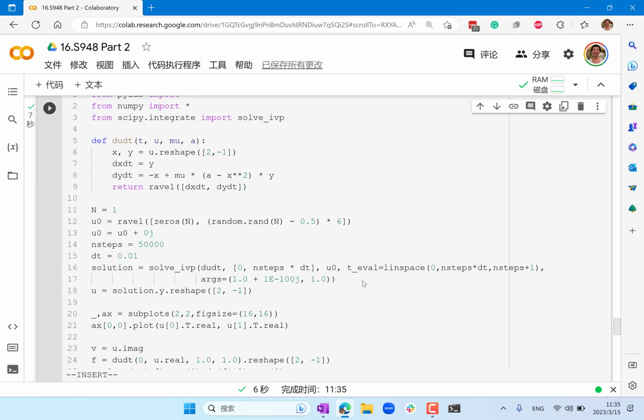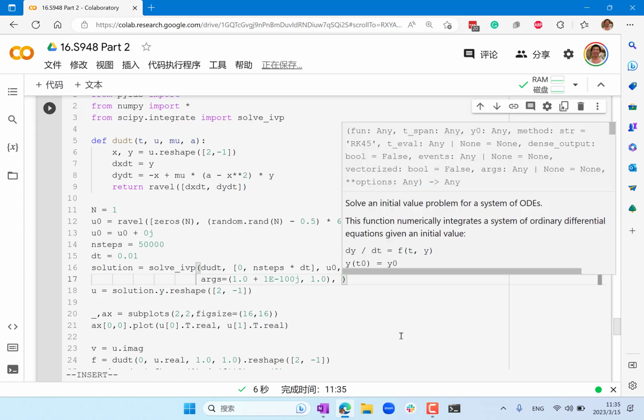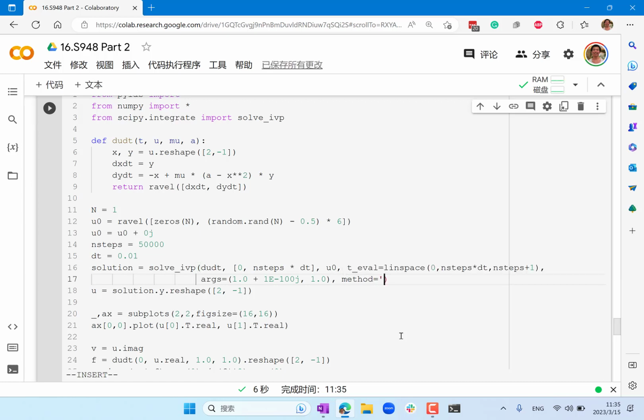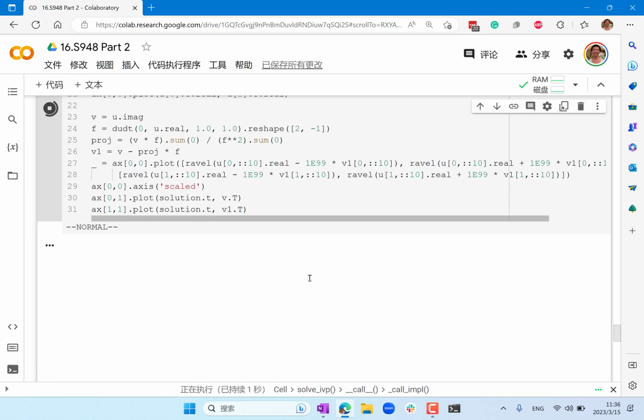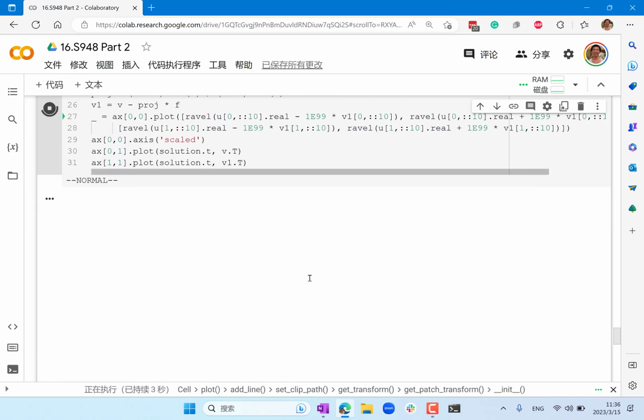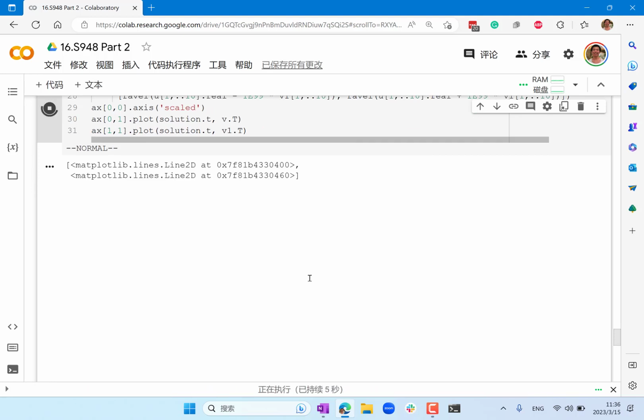One second. Let me double check I'm solving things correctly. Let me set method equal to rk3, just to make sure I'm solving things right.